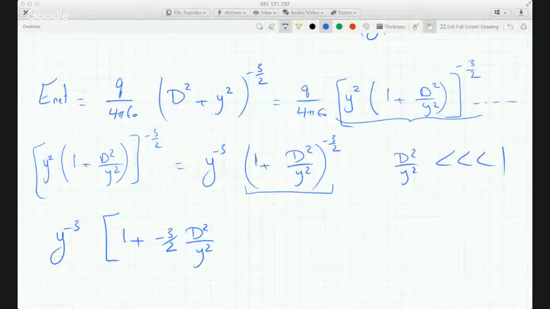The power series formula goes 1 plus kx plus k times k minus 1 over 2 factorial x squared plus k times k minus 1 times k minus 2 over 3 factorial x cubed, etc. Okay, it's a series.